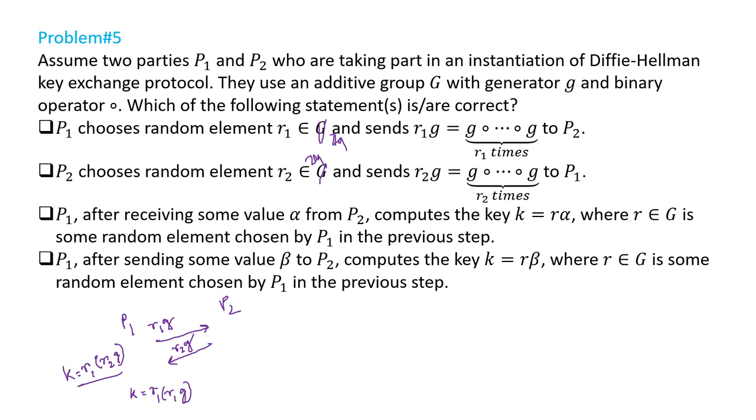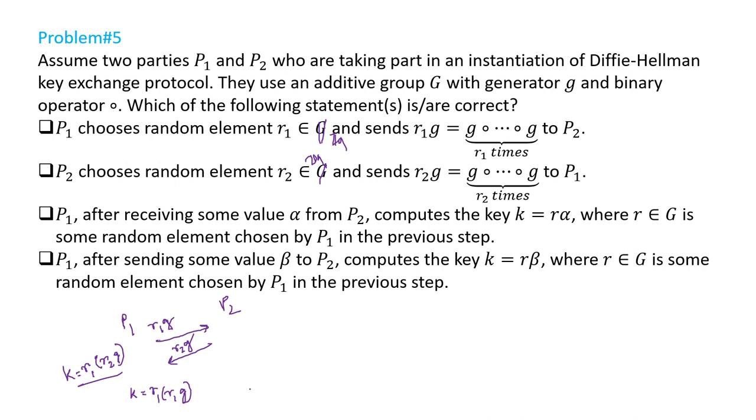And then for the next part, to converge on a particular key by both of the parties: at the end of the key exchange protocol both the parties should have a common random key, right? Now what will be the common random key? It's already obvious, I think. Third or fourth statement, which one is correct?